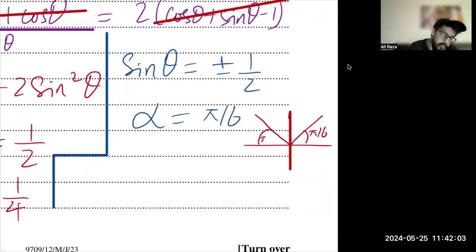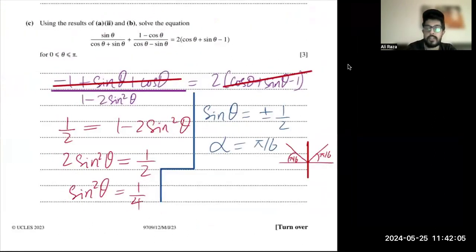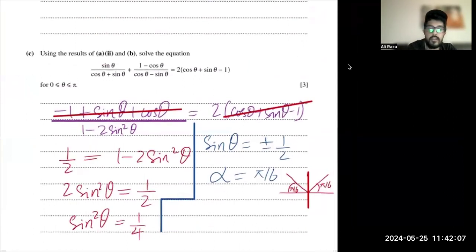We plot the angles in the first two quadrants where sine is positive. Since we only have the given domain as 0 till pi for theta, theta has the values pi over 6 and 5 pi over 6.